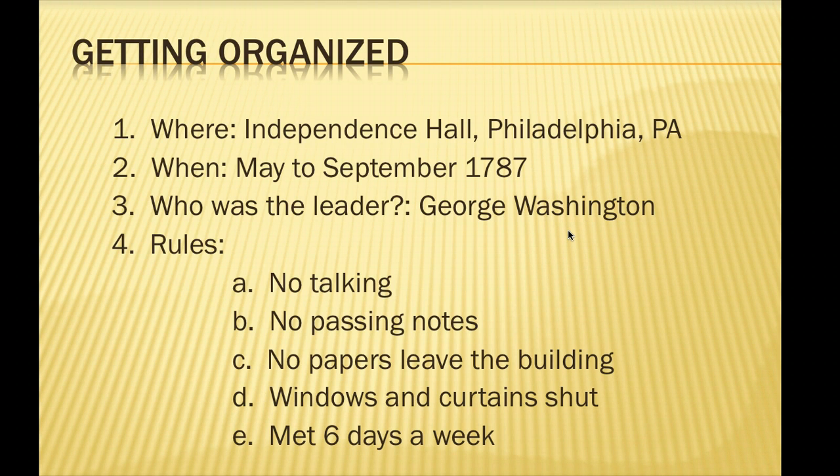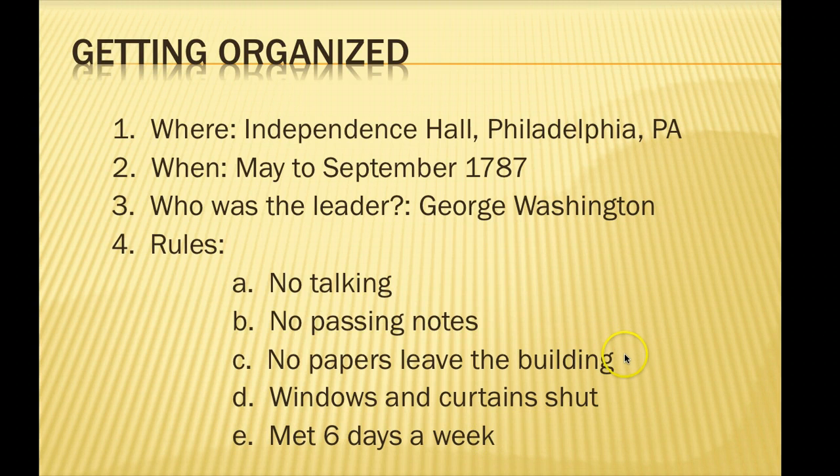In order for these men to use their time efficiently, they established certain rules. For example, no talking, no passing notes, no papers leaving the building, windows and curtains shut, and they met 6 days a week.